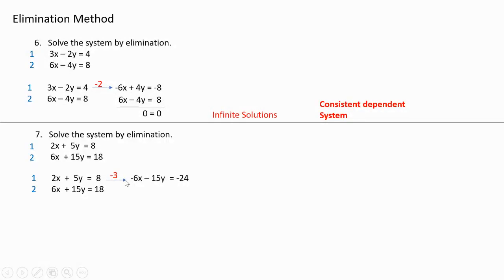So it gives us negative 6x minus 15y, and negative 3 times A will give us negative 24. And equation 2, we just bring it over. So here it's going to give us 0 equals negative 6, which is not true. That means it's going to be no solution, and that means it's an inconsistent system. That's what this system is called.